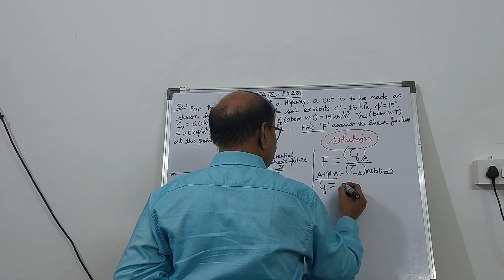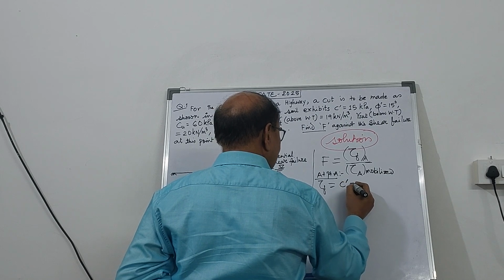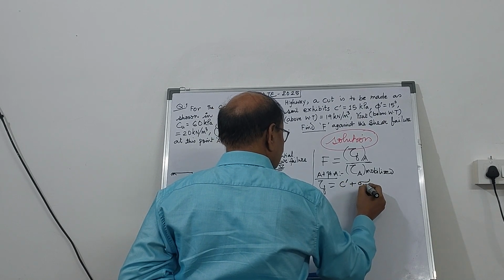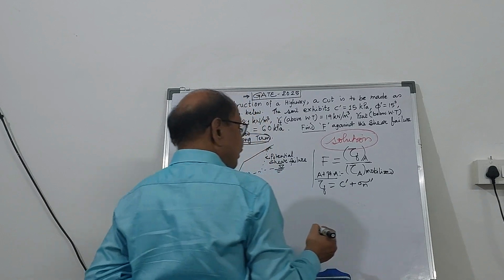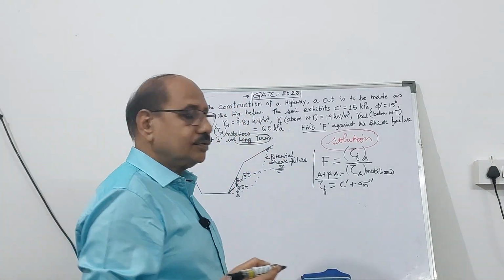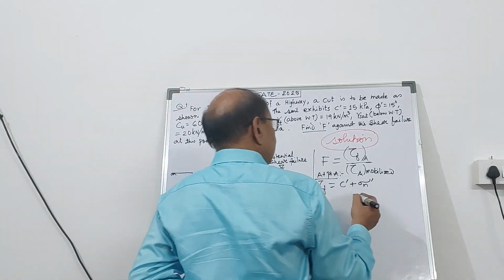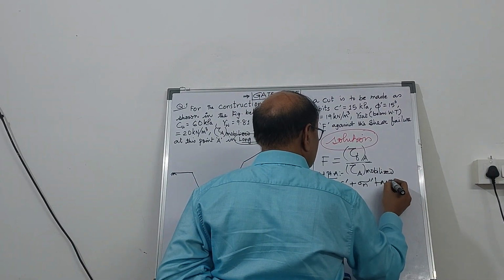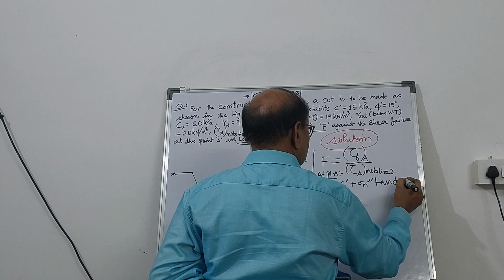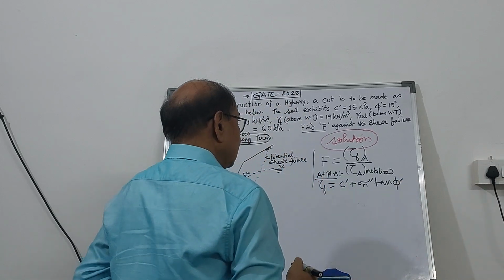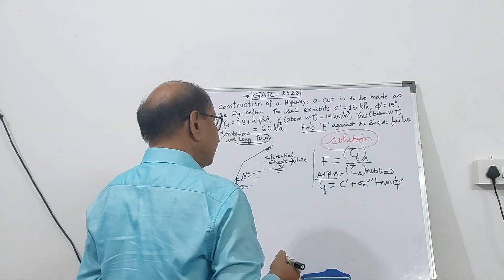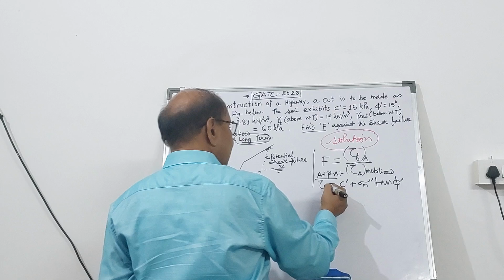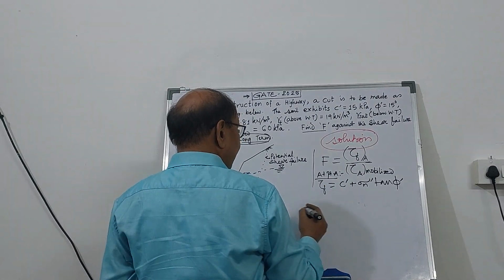So tau F will be given by C prime plus sigma n prime, the effective normal stress, into tan phi prime. That will be the value of tau F at point A.